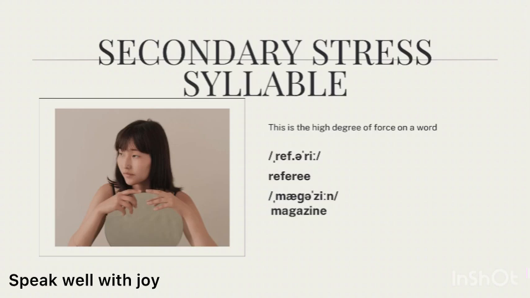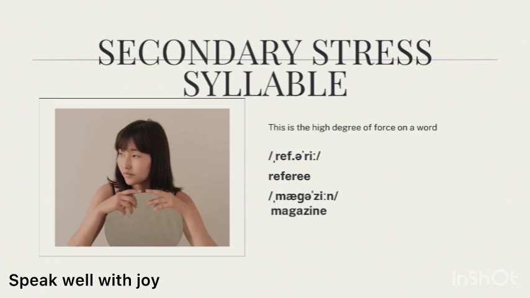Most disyllabic words, which are words with 2 syllables, have only primary stress, but you can't have a word where you have only secondary stress. Secondary stress is like a supportive stress, so it has to be before the primary stress, which is the commanding stress. So we have referee.